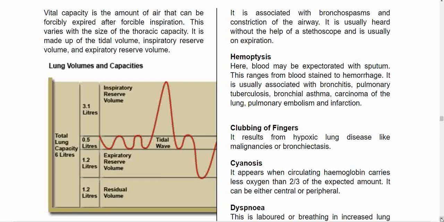Pulmonary tuberculosis is TB that affects the lungs and the respiratory region. Bronchial asthma is a kind of asthma due to bronchospasm of the bronchioles. And carcinoma of the lung, that is a cancer that affects the lungs. And then pulmonary embolism, that is when a clot is formed in one of the pulmonary vessels and infarction occurs.